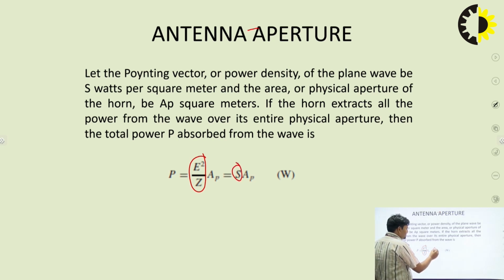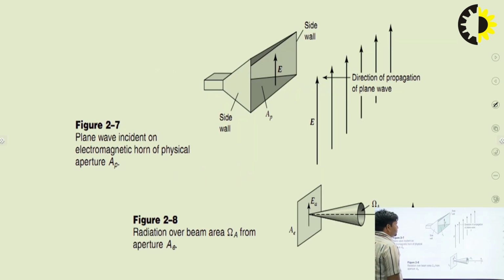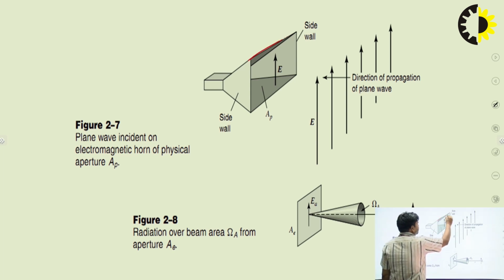So this is the power and this is the aperture: how much power is there, and how much aperture we have to receive it. The actual power received by the antenna is decided by the aperture area. The unit of aperture area is meter square. This is the aperture area of a horn antenna.